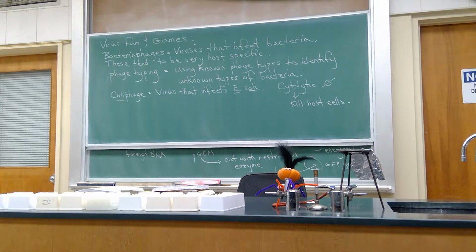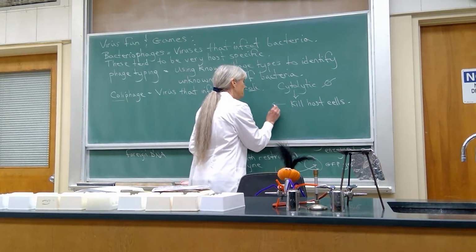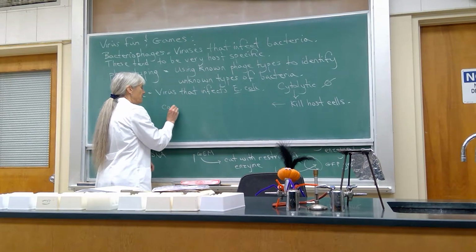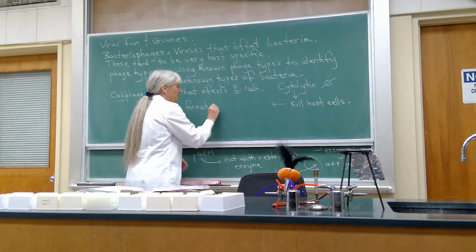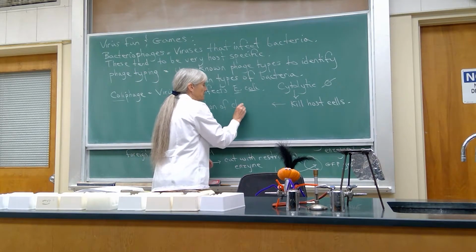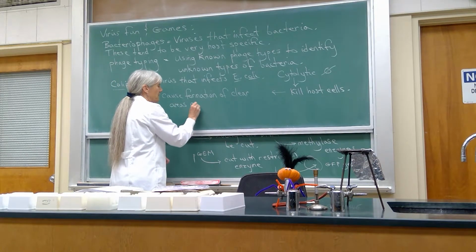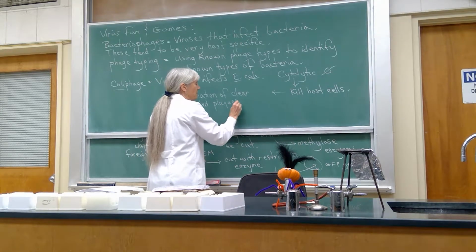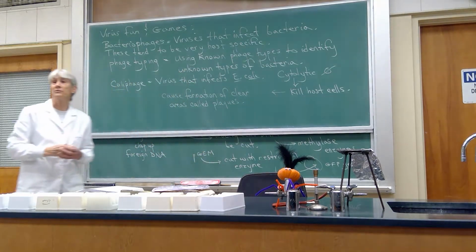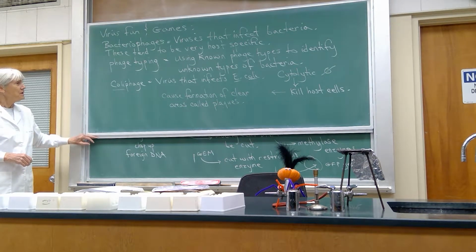So cytolytic phage will kill their host, and they cause the formation of plaques. Those plaques are regions where the cells are dead, and the lawn you see around that is the bacteria.